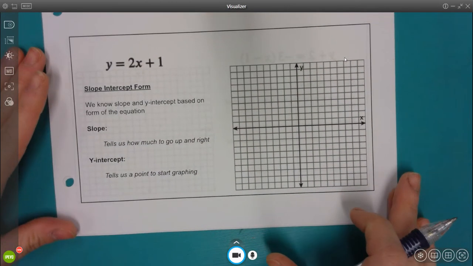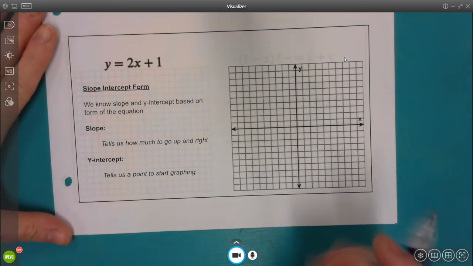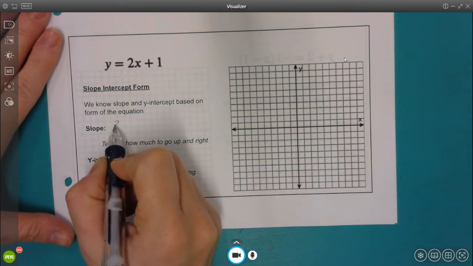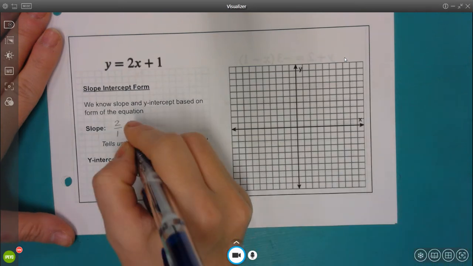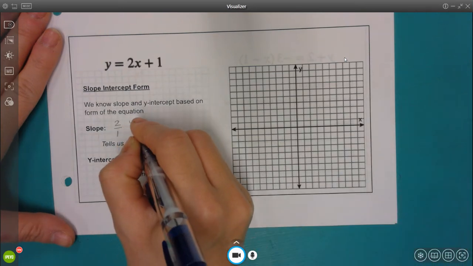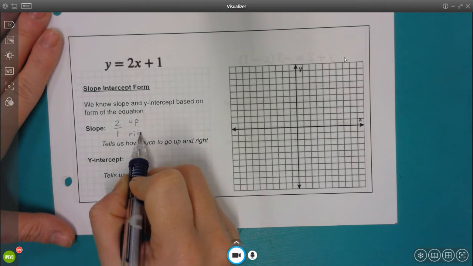So when I'm given slope-intercept form, I know the slope and I know the y-intercept. So our slope here is 2 over 1. So this will be how much I'm going up since it's positive, and this will be how much I'm going to go to the right.